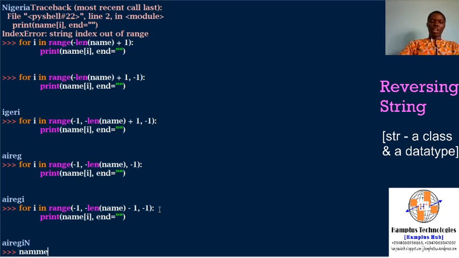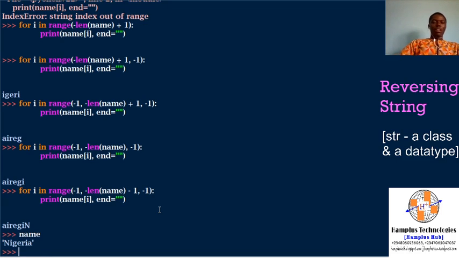Nigeria, name. We can say print name, it gives us Nigeria. Then the reverse of name is equal to this. So you see that we can also do this using list comprehension. What I mean by list comprehension is that it will be very fast.